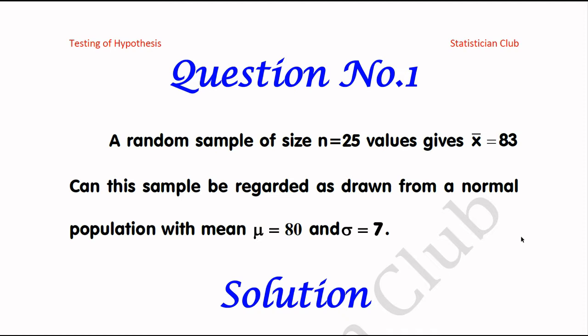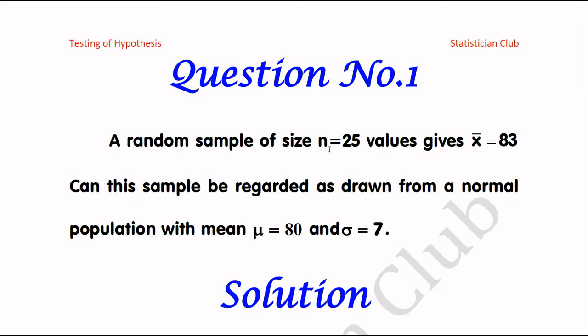In this video I solve two questions about hypothesis testing, in which we test about the mean when data is drawn from a normal distribution. Here is the statement of the question. Question number 1. A random sample of size small n is equal to 25. Small n is the notation used for sample size.